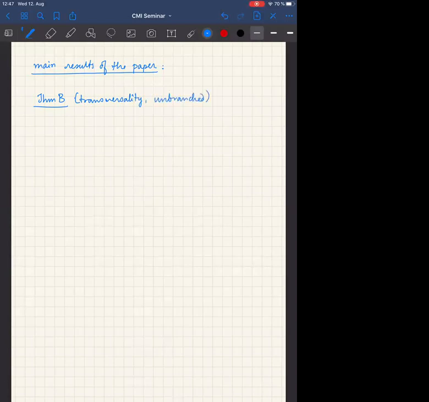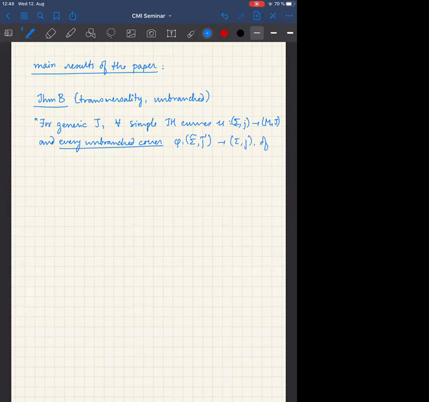It's the unbranched transversality. Roughly what it says is the following. For generic almost complex structure, for all simple curves u from sigma to M, and for every unbranched cover phi from sigma tilde to sigma, all of these being closed Riemann surfaces, the curve u composed with phi is Fredholm regular.